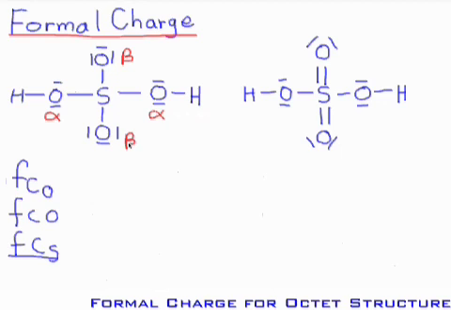And we're once again showing you the organic chemist's propensity to use Greek letters. So these will be oxygens alpha, and the ones on the right with the double bond will be oxygen beta.